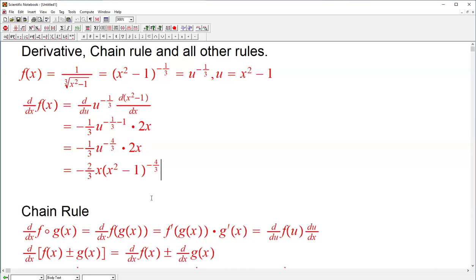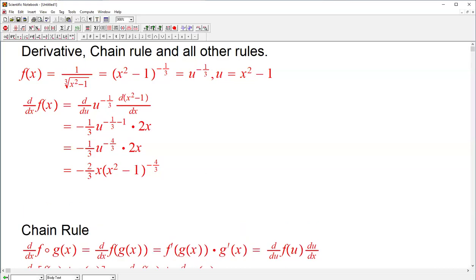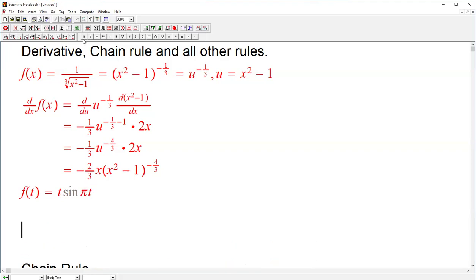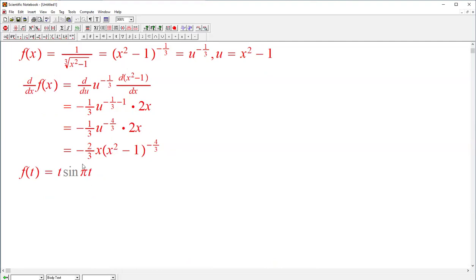All right, let's look at another example. This one is going to be f of t. f of t is equal to t times sine of pi times t. First of all, it is a product rule.